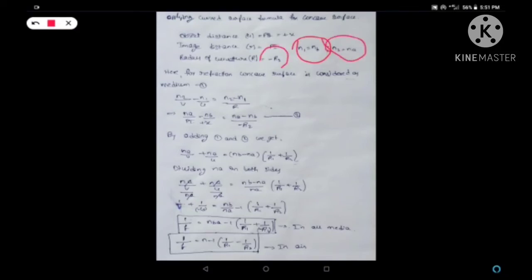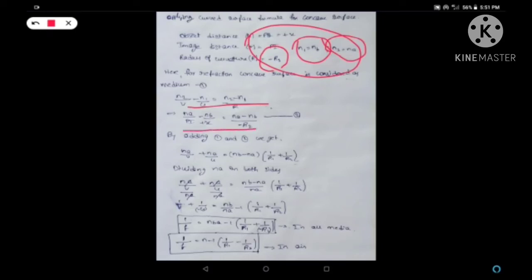The radius of curvature is minus R2. Here the medium where refraction takes place is considered as medium 1. After substituting all these values in the curved surface formula, we get Na by v minus Nb by plus x equal to Na minus Nb by minus R2.